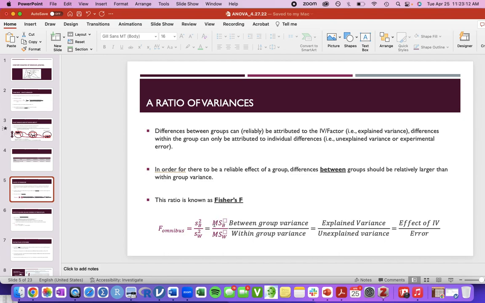You'll also see this MS, mean squares between, mean squares within. It's the same thing. So when you see MS, it's equal to variance. And again, we're just dividing between group variance by within group variance, which means explained variance over unexplained variance. And that gives you the effect of the independent variable over the error. So this is going to be your formula for calculating a Fisher's F.